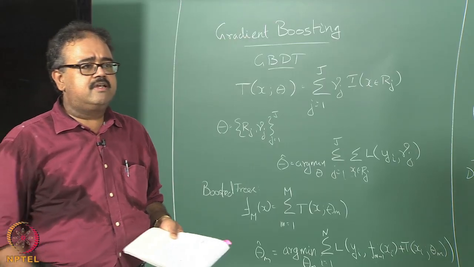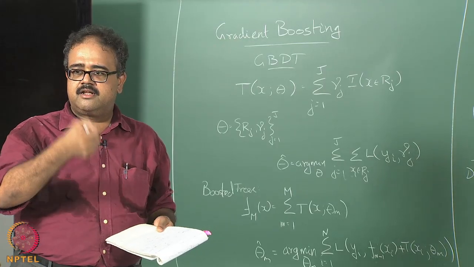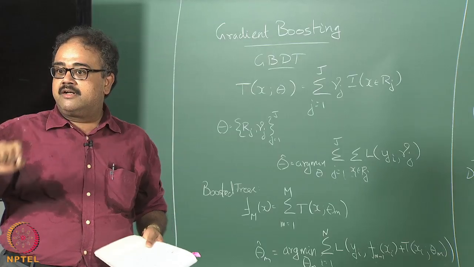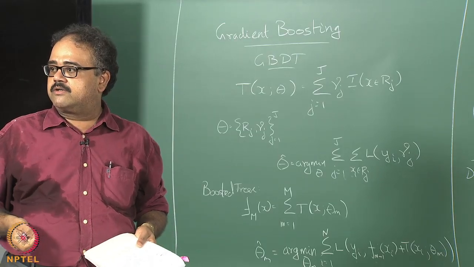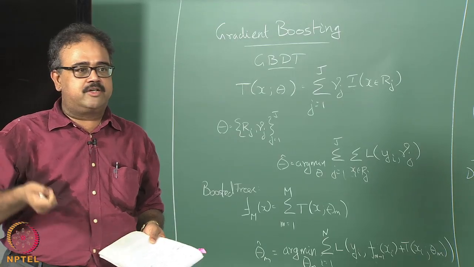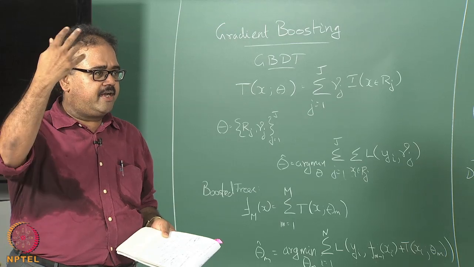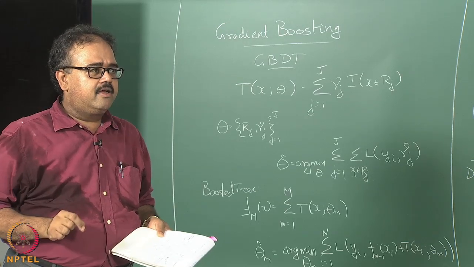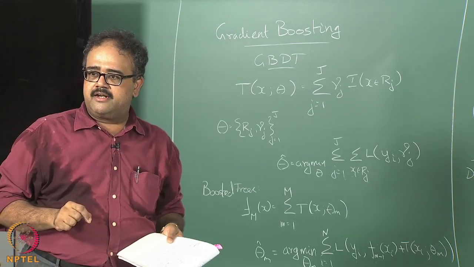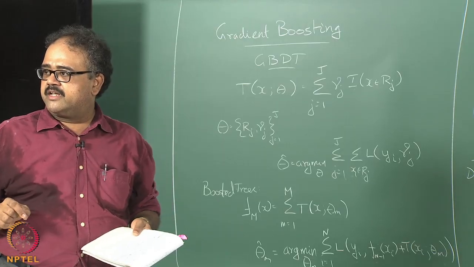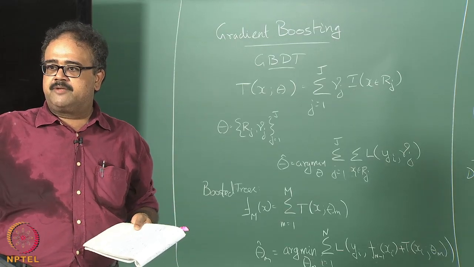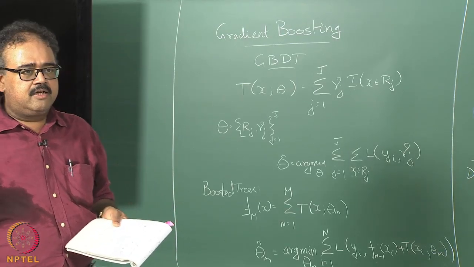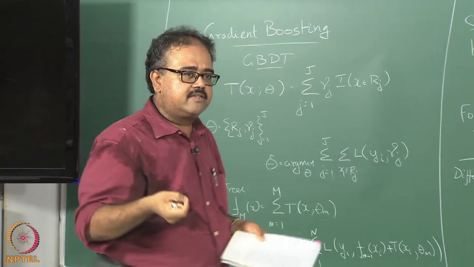I will start off with some guess for a solution, take the gradient of the loss function with respect to the parameters at that solution point. People remember gradient descent, right. Then I will compute the gradient and move in the opposite direction of the gradient. I will move a small step in the opposite direction of the gradient, go to a new place, compute the gradient again and then move again, and so on and so forth until I converge to the right answer.